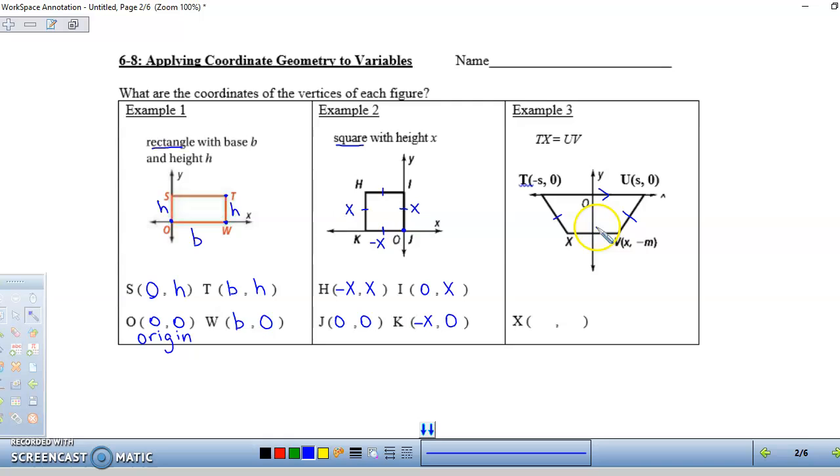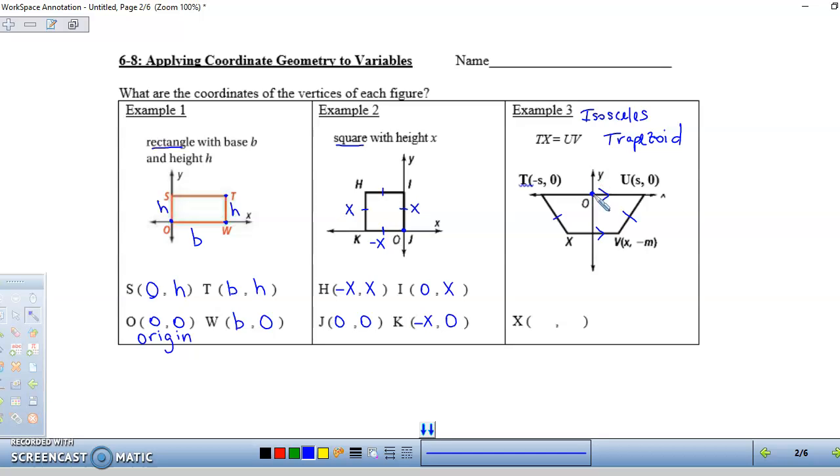So these are parallel. Given those markings, this is an isosceles trapezoid. Okay, so this one's much more difficult, but here's the origin. So we know that's going to be 0, 0.